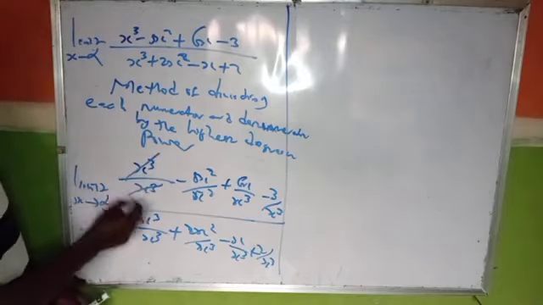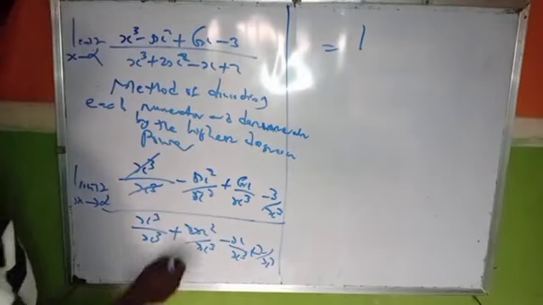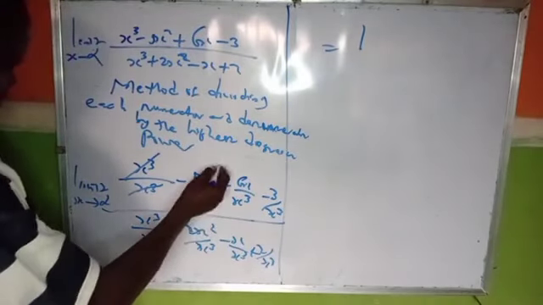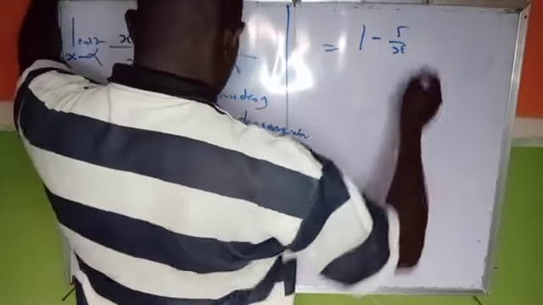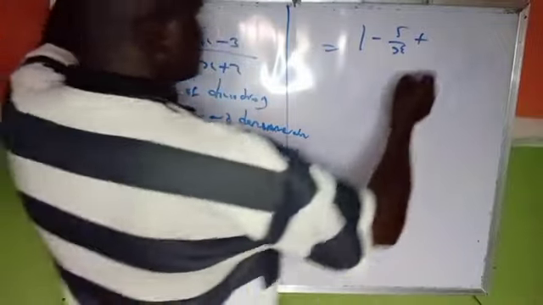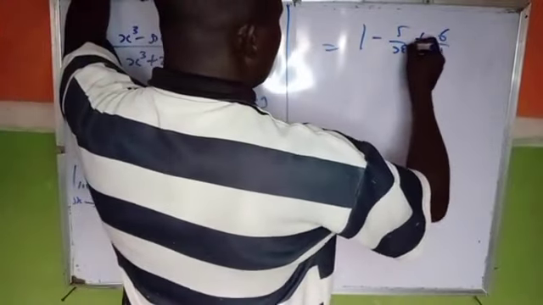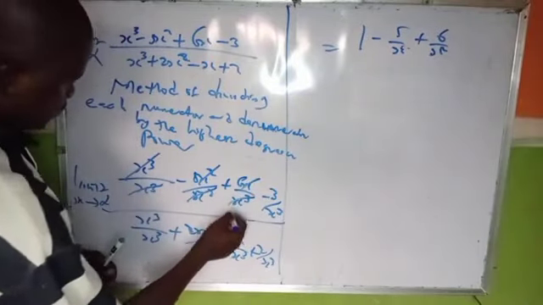So this will cancel this. What do you have? 1. Then this, 3. This cancels this. You have minus 5 over x. What about this one? You have 6 over x squared, because once only cancels this.